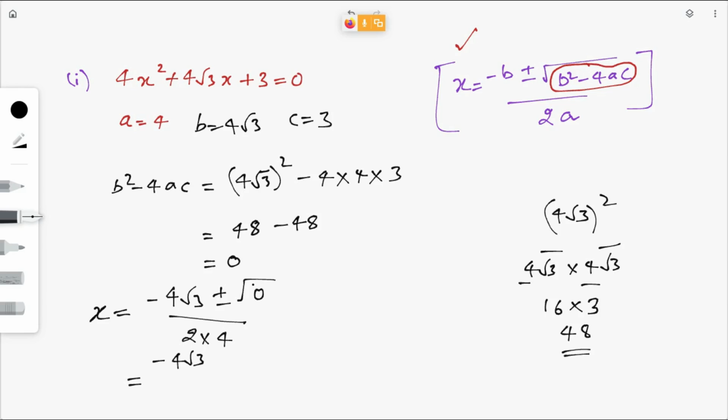Okay, this is 0. Keep 8 here. So 4 1s are 4, 2s are minus root 3 by 2 is the solution. As it is a quadratic equation, you need to write x1 is equal to minus root 3 by 2, and even the second solution is also minus root 3 by 2.